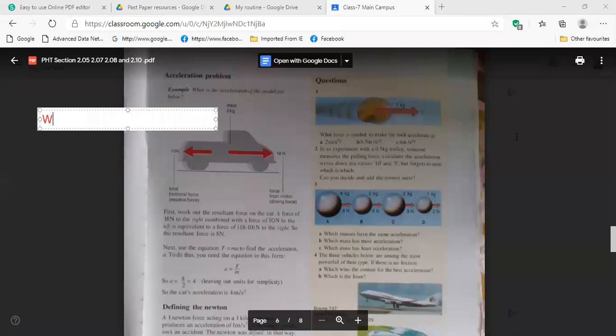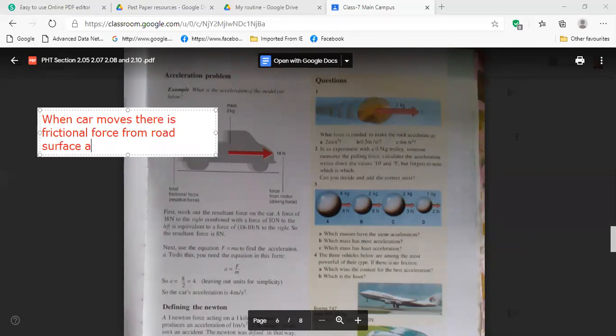When the car moves, there is frictional force from the road surface, and it is working opposite of motion.